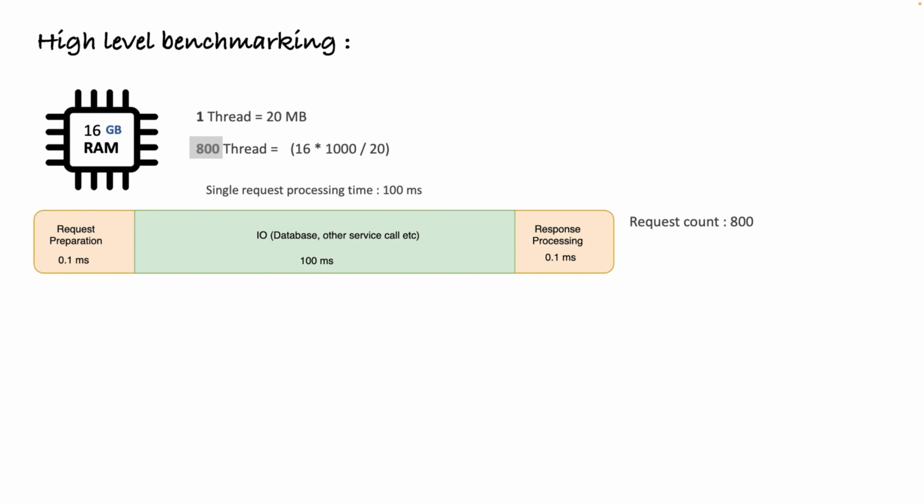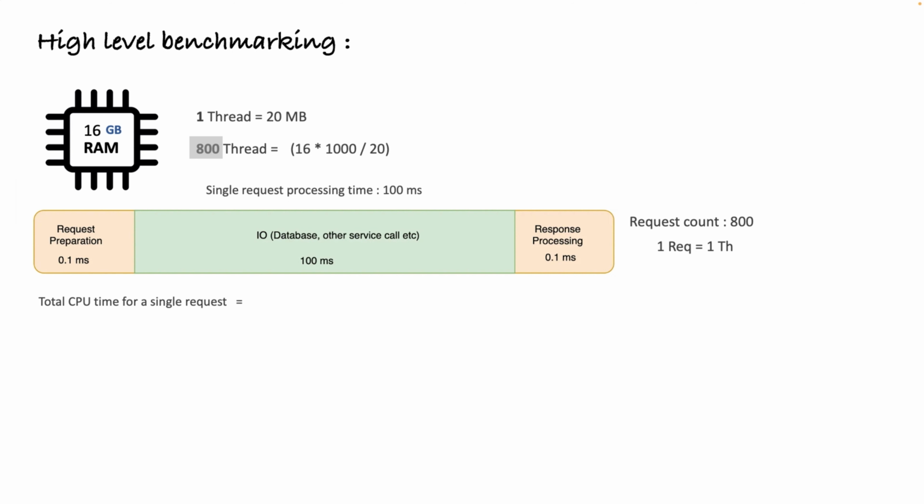Now I have 800 threads and 800 requests. It means one thread can handle one request, right? It seems the thread count reached its maximum capacity because we already spun up all the possible threads, that is 800, and the total number of requests is 800. So each thread can handle one request. That is how we are trying to analyze.